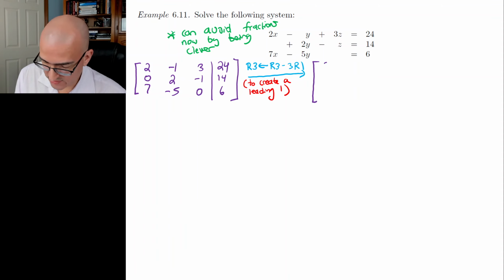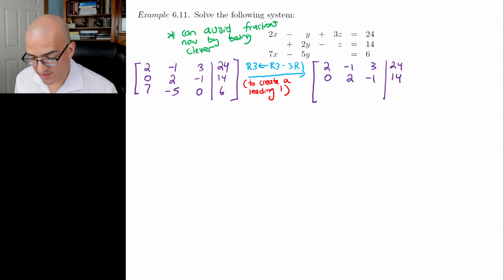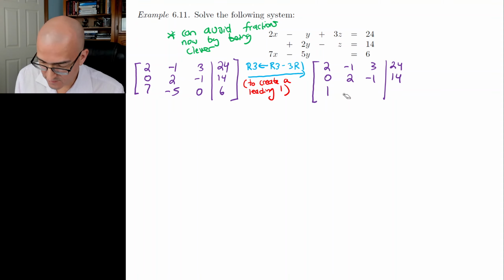So row 1 stays the same, 2, -1, 3, 24. Row 2 stays the same, 0, 2, -1, 14. And row 3 becomes 7 minus 3 times 2, which is 1, minus 5 minus 3 times -1, which is -5 plus 3, which is -2. And then 0 minus 3 times 3, which is -9.